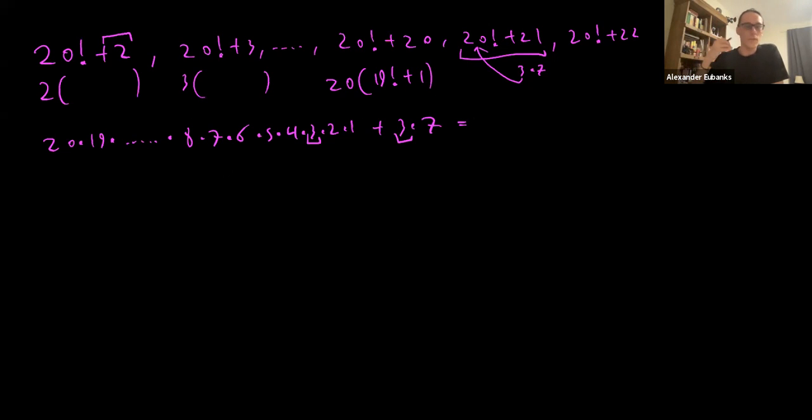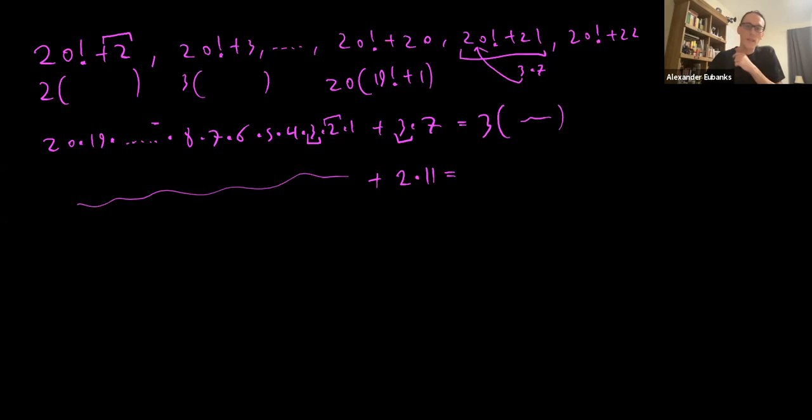You could pull out both 3 and 7 if you wanted. Suppose I pulled out 3, then I would have 3 times some number. And for 22, 22 is 2 times 11, right? So if you had all of this plus 22, same logic, there's a 2 in here, there's an 11 over here. You could pull either one or both of those out, and you would have, let's say, 22 times some number. And so that gives you a composite number.